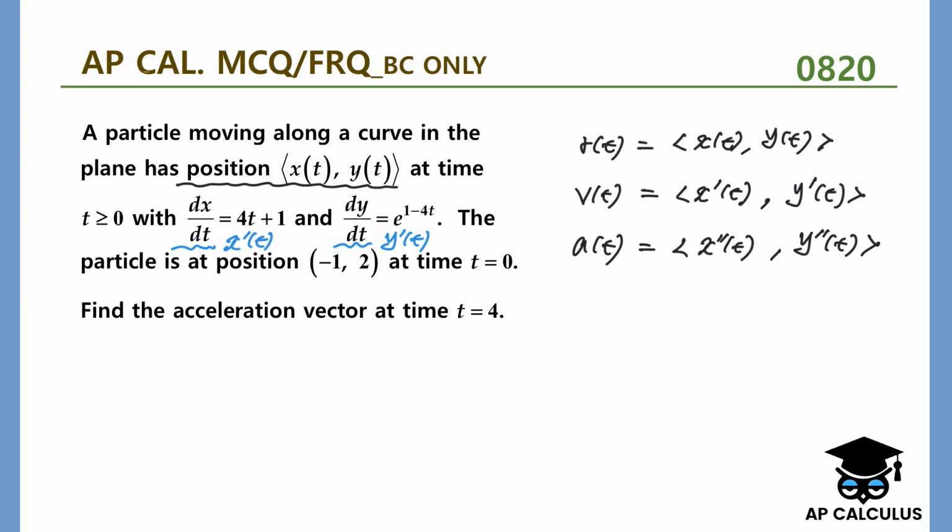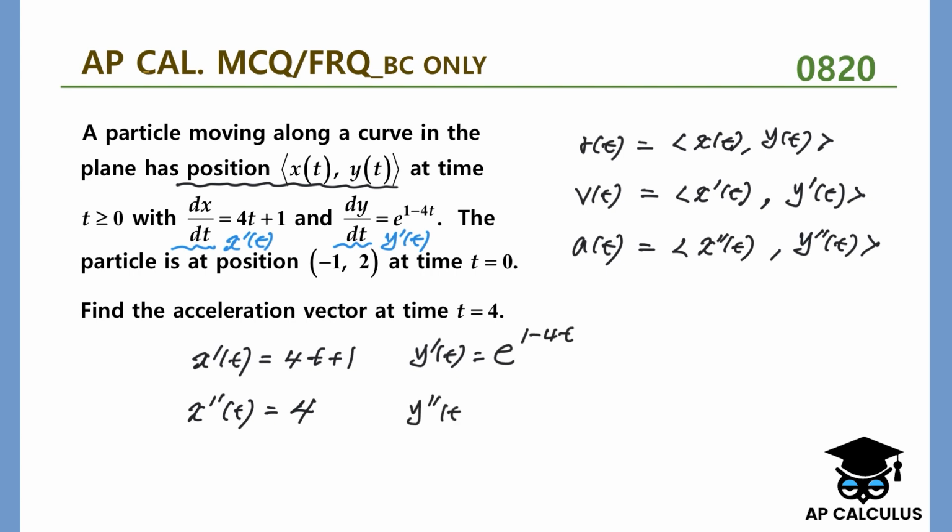Here we have x'(t) = 4t + 1, then the second derivative x''(t) is just 4. y'(t) = e^(1 − 4t), then y''(t) is e^(1 − 4t) times the derivative of the exponent, negative 4. So that's equal to −4e^(1 − 4t).